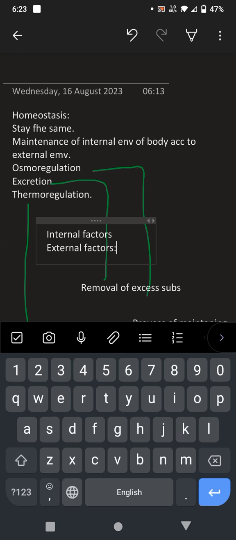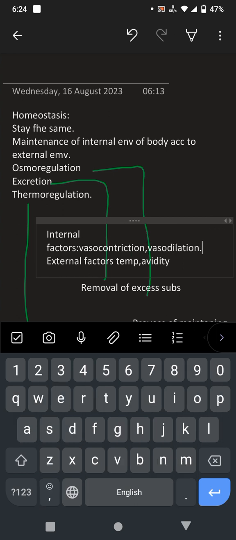What are external factors? External factors are temperature or acidity. And internal factors are vasoconstriction or vasodilation. Okay, ji.